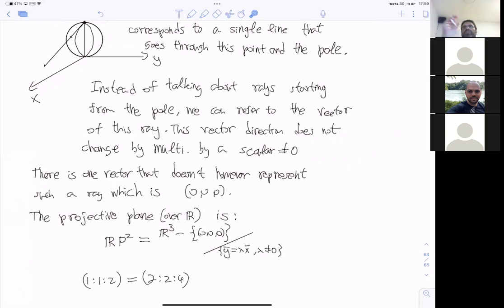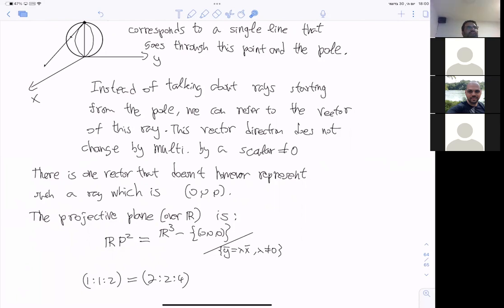Do you see what I mean? If something is in one angle, we can see something other in the same angle. So we just see angles. We don't really see the space. This is called the projective plane.